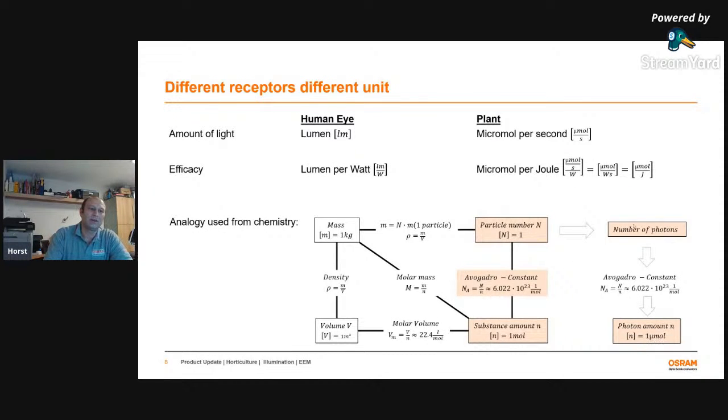This is why it is established to dimension the units this way.